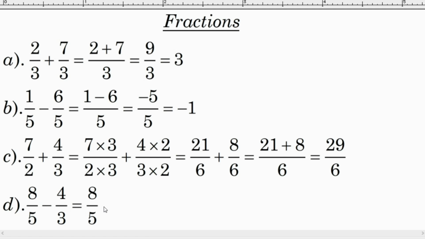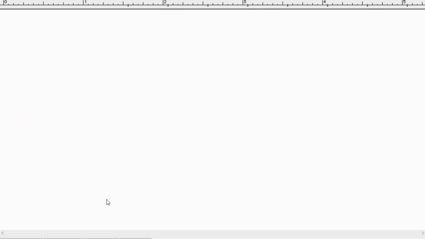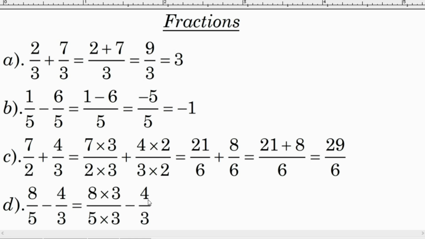Okay, so now we have these two fractions, and minus this. Alright, and then we have to multiply 5 by 3, and we also multiply the numerator by 3. For the second fraction we have to multiply by 5, so that will be 3 multiplied by 5, and the numerator 4 also has to be multiplied by 5.